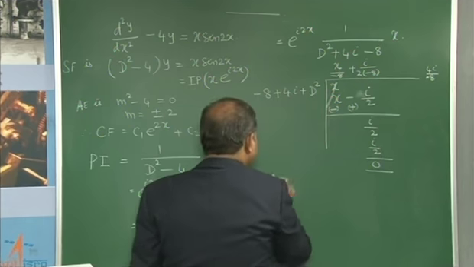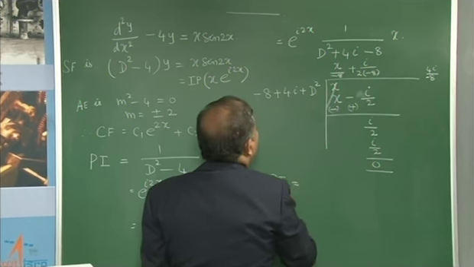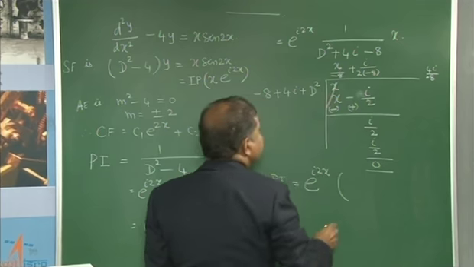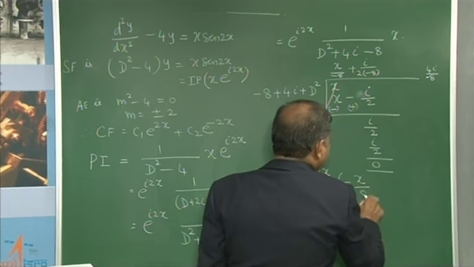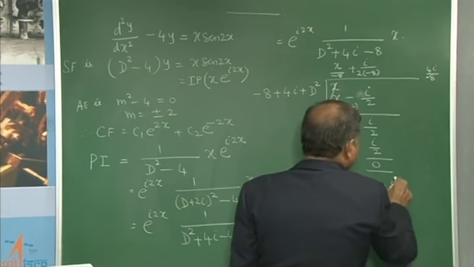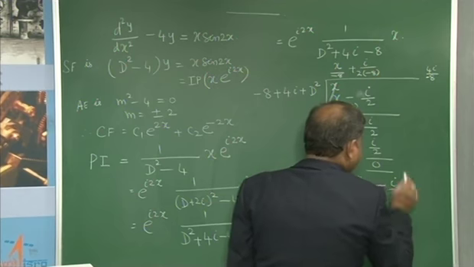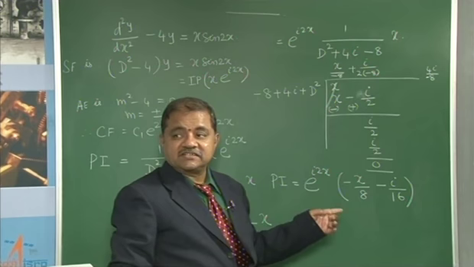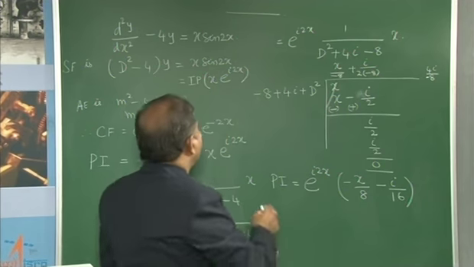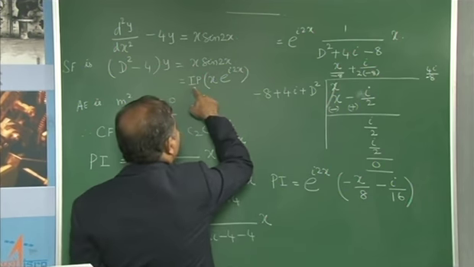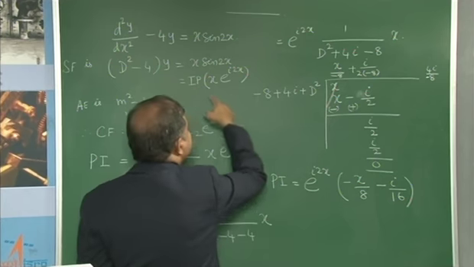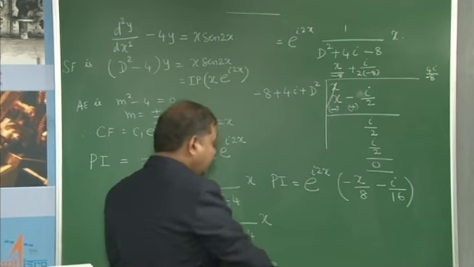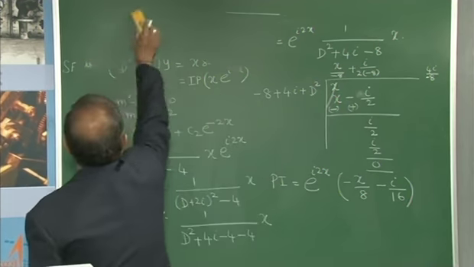So, what is my particular integral? Now, I got it: e power i2x into minus x by 8 minus i by 16. Remember, with this it is not completed. I have to take the imaginary part for this function. You remember our complementary function now, okay, because I am rubbing this.